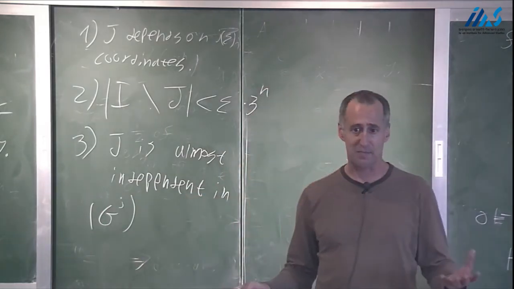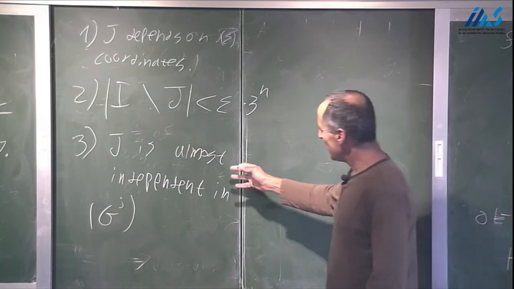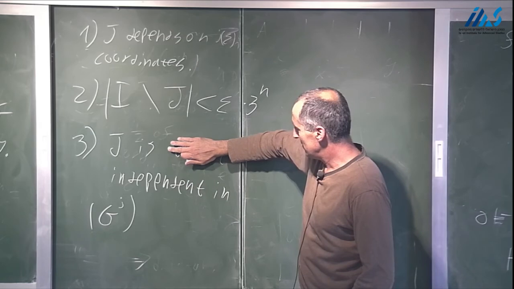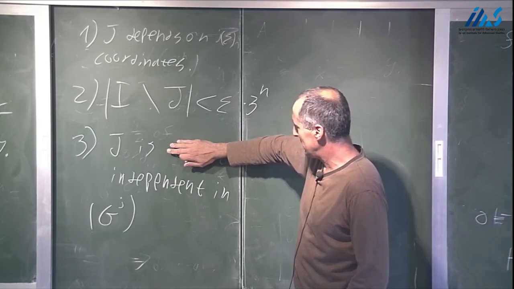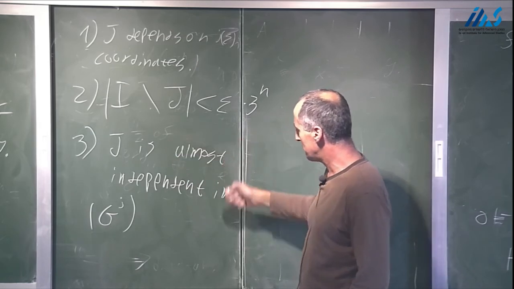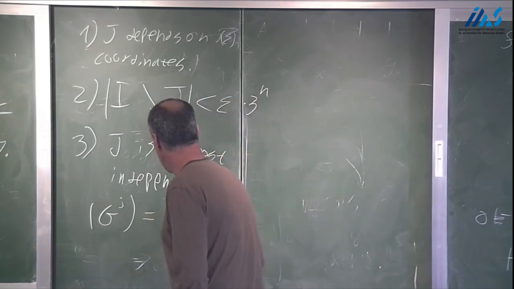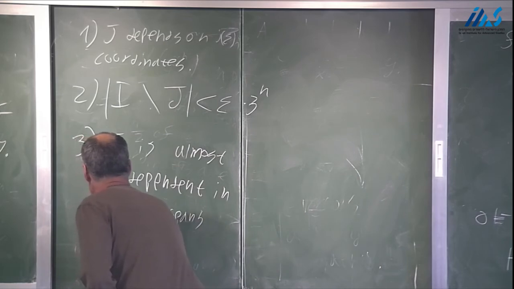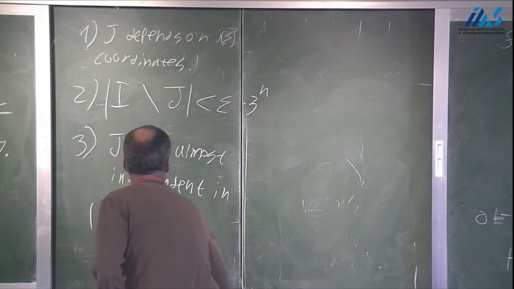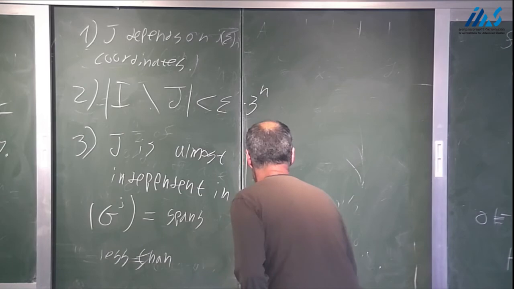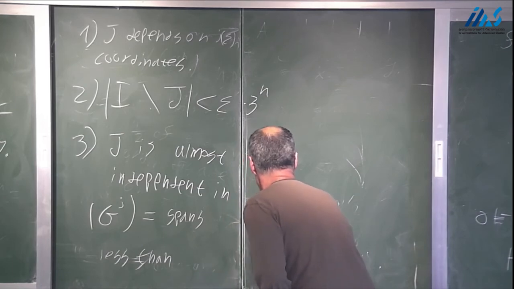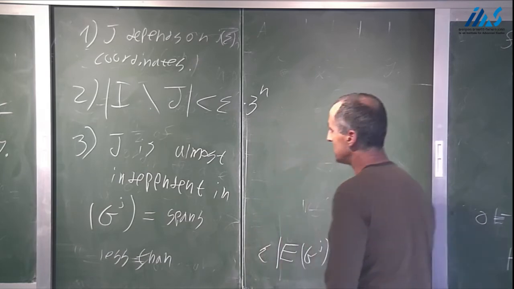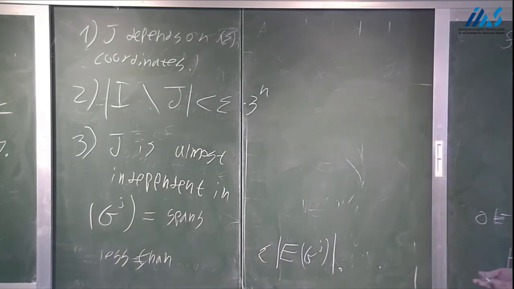And that set is an independent set. Here we wanted to say that J is independent and hence completely explains the junta, but we say it's almost independent, which means it spans less than epsilon times the number of edges of G^J. So it's very sparse, but it's not completely independent.